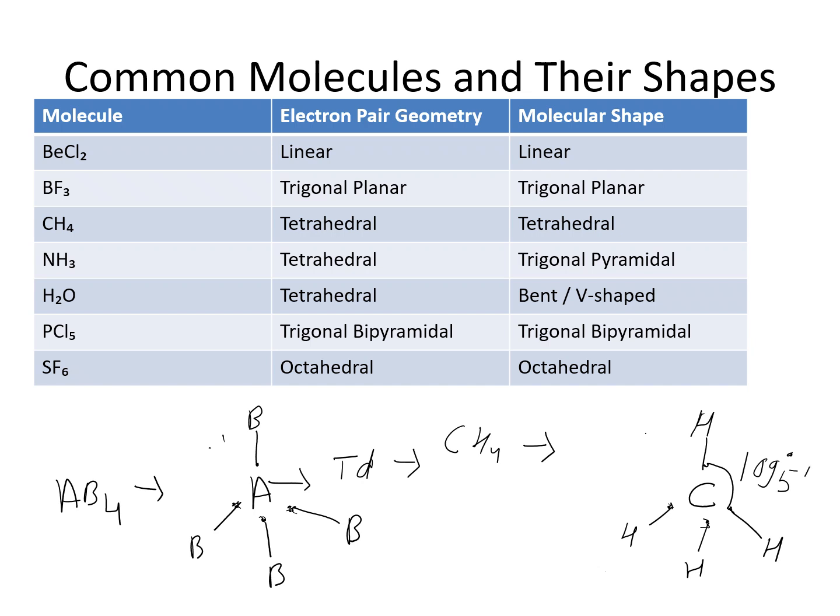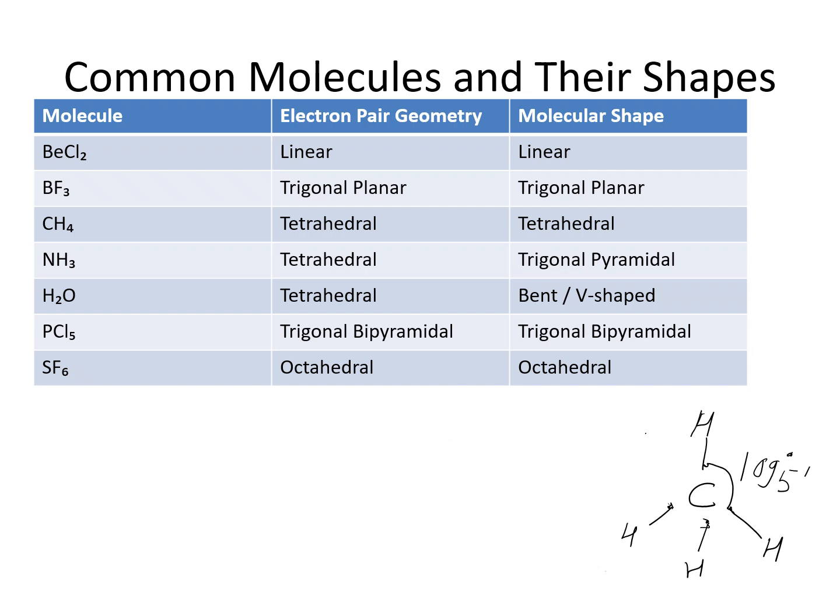Okay, now let's take another example, an AB5 molecule. How many valence shell electrons are required to make AB5 geometry? Anyone? The central atom has 5 valence shell electrons. Okay, AB5 has trigonal bipyramidal geometry. How do we make the trigonal bipyramidal geometry?